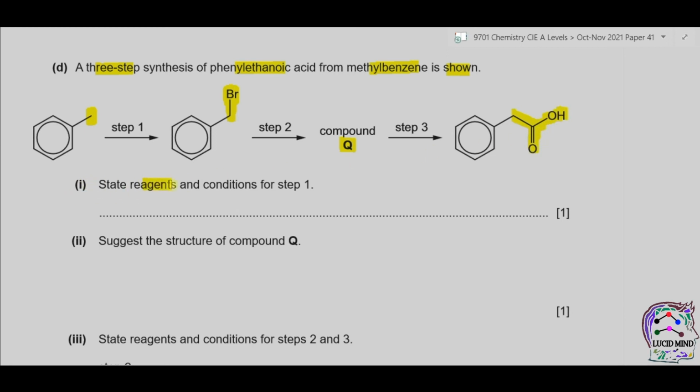Part 1, state reagents and conditions for step 1. Part 2 suggests the structure of compound Q. This is CH3. Now it has converted into CH2Br.